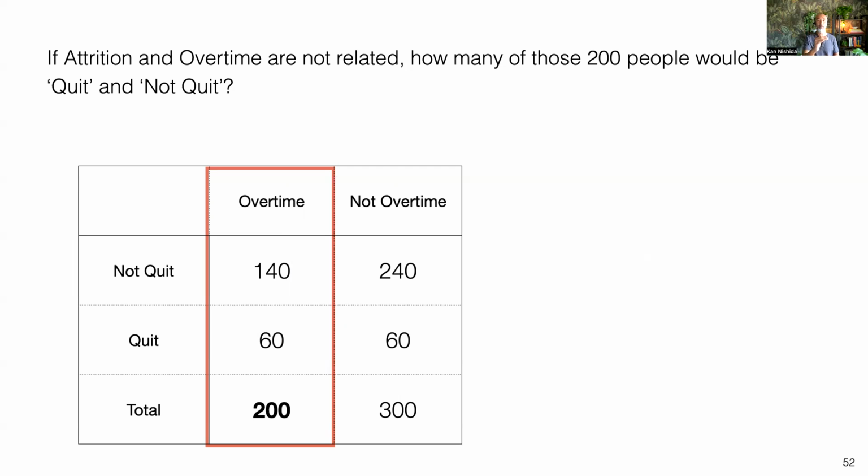Right now it's 140 and 60, but those numbers should be different in the expected world where there's no relationship between attrition and overtime.